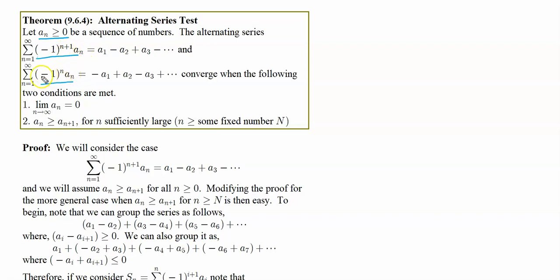Or you could put (-1)^n, in which case you'll get the pattern -a1 plus a2 minus a3, and so on. So just a slight difference there. That difference comes from changing the exponent from n+1 to n.